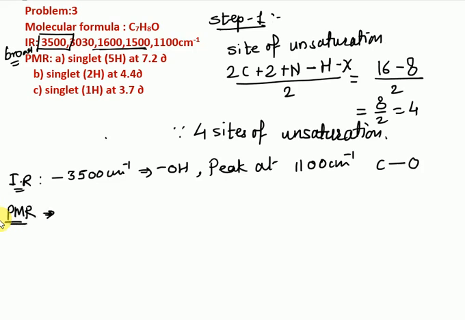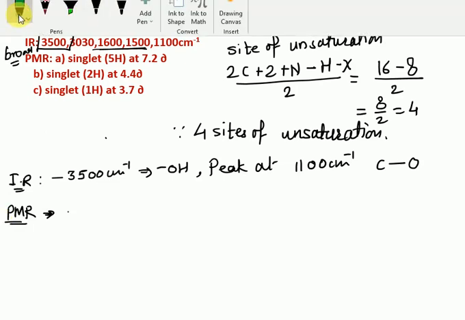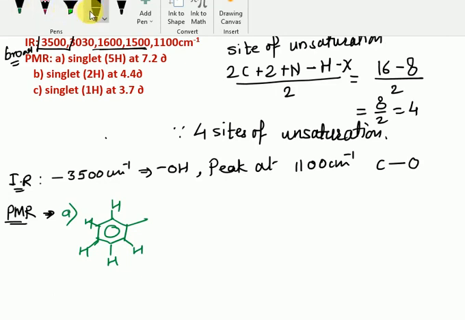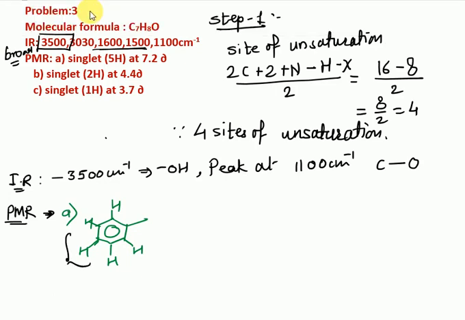Let us see the PMR data. First, a singlet for 5 hydrogens at 7.2 means a monosubstituted benzene ring is there. So first, second, third, fourth and fifth, these 5 hydrogens show a singlet at 7.2 delta value, like the previous case.